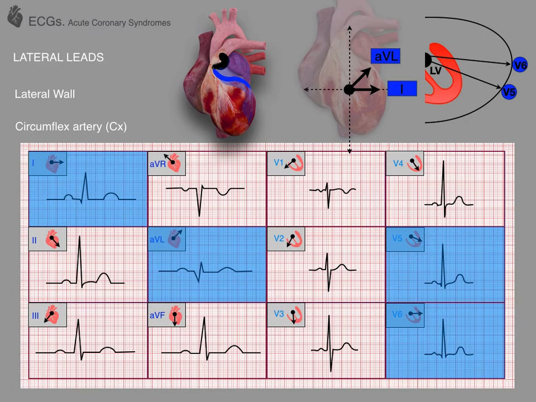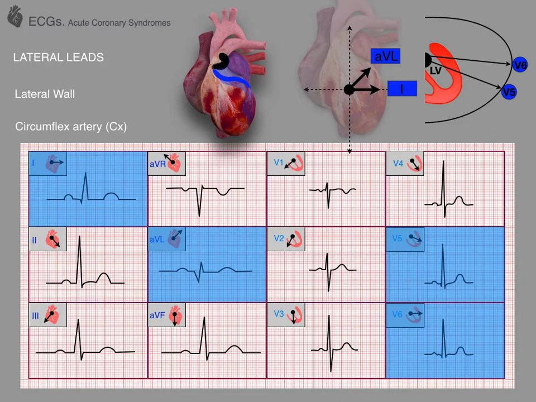Now let's talk about our lateral leads on the ECG. Again, think back to your hexaxial system and your chest leads. So leads AVL and lead 1 read in that direction, which would cover the lateral border of the heart.